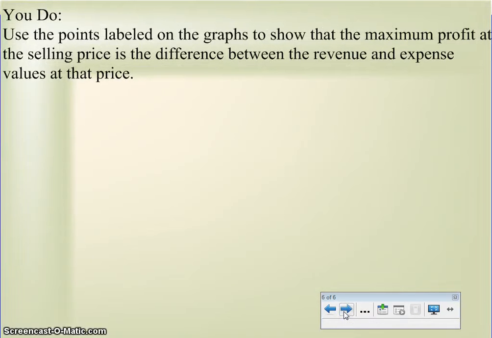Okay, please press pause. Go ahead and solve this, and when you're ready, come back. Okay, it says use the points labeled on the graphs to show that the maximum profit at the selling price and the difference between the revenue and the expense at that price.